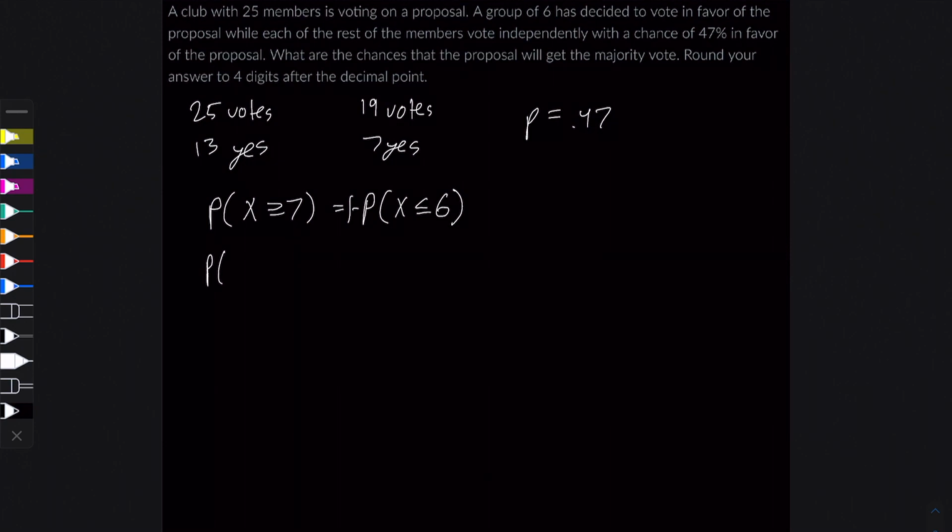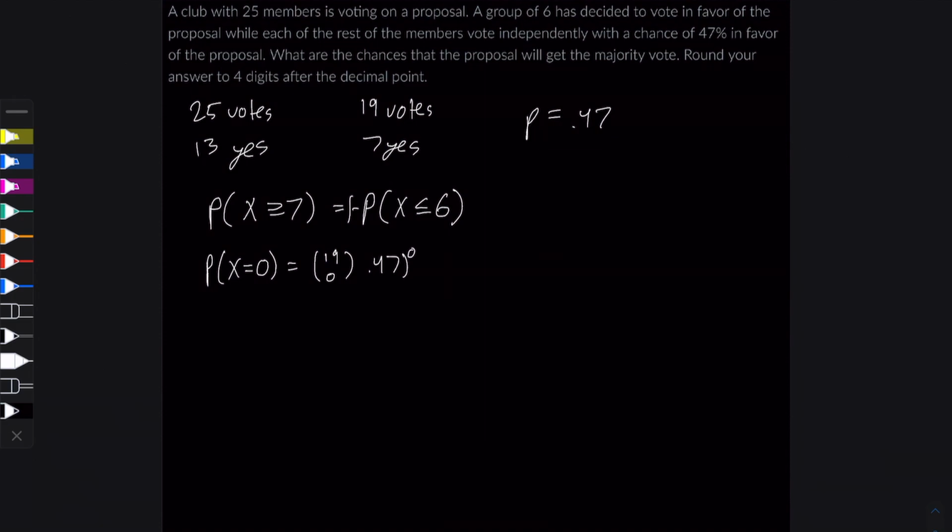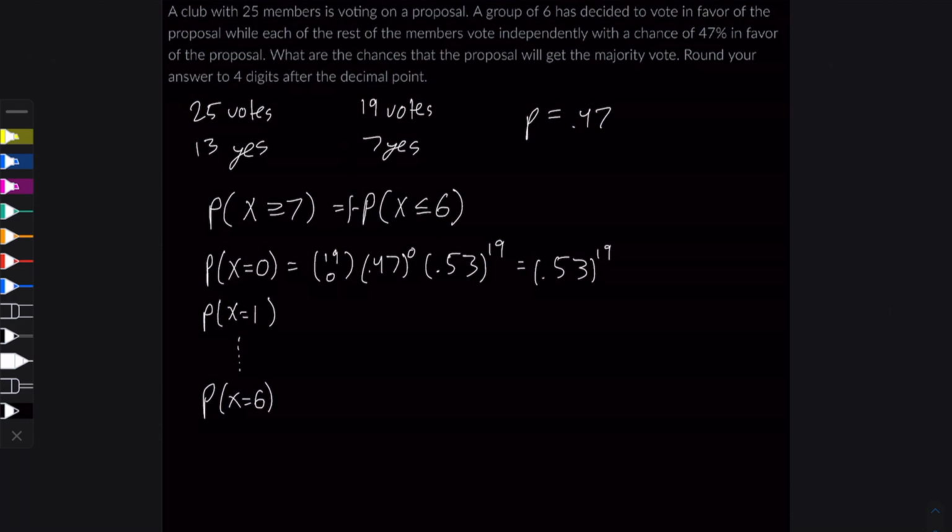So for probability x equals 0, we have 19 combination 0, and then 0.47 to the 0 times 0.53 to the 19. And this is the same thing as saying 0.53 to the 19. And then we would do the same thing for x equals 1 all the way up to x equals 6. And then we'll add all those together.